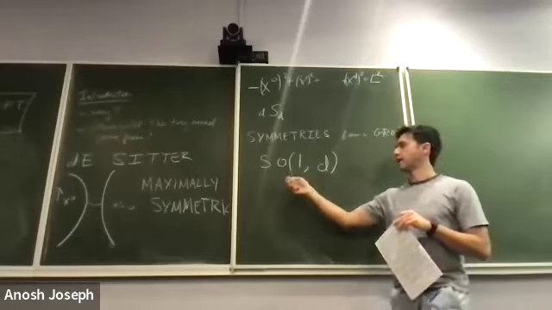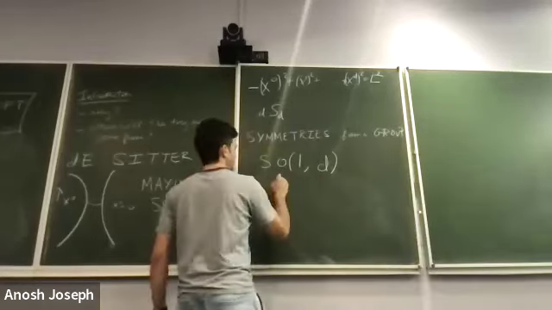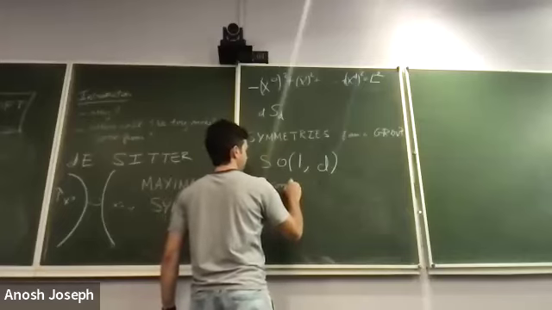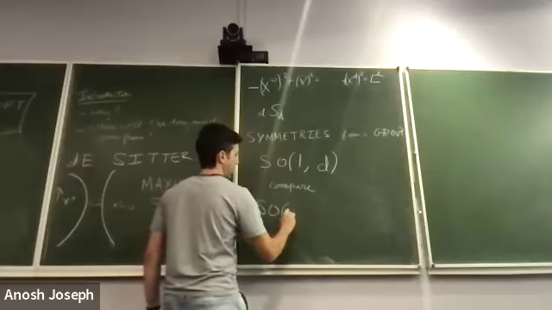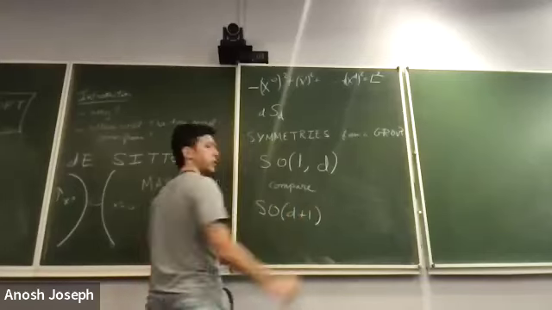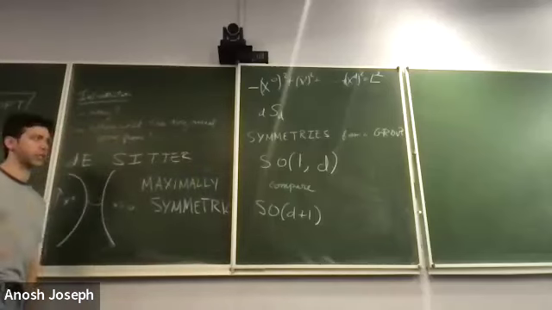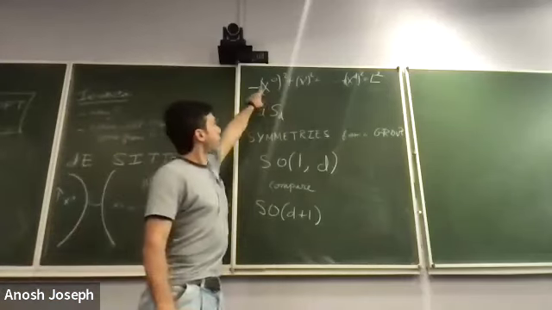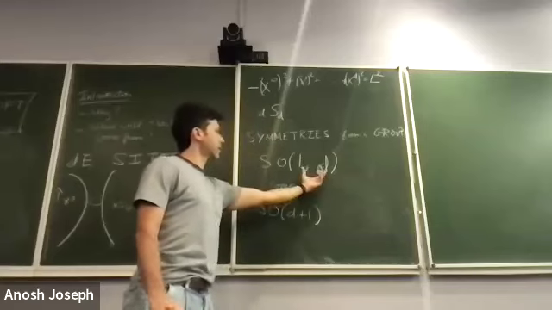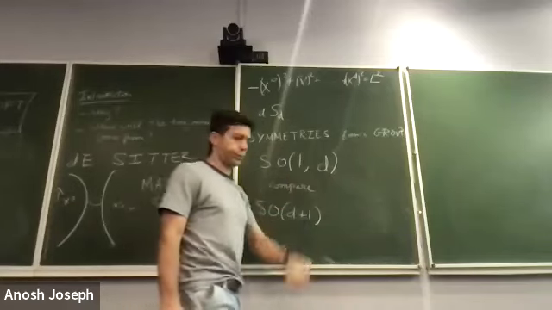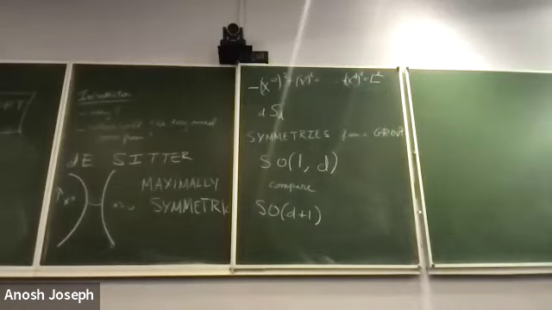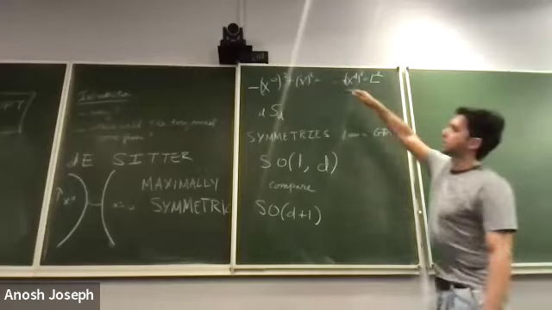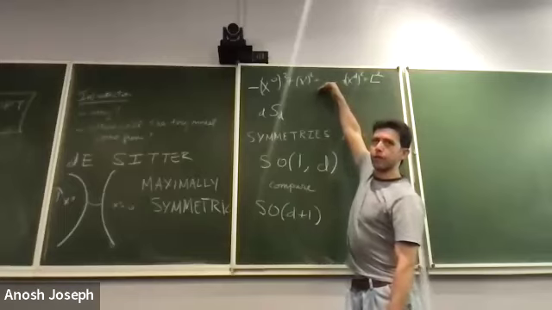You should think of this in analogy with the sphere geometry. The D-sphere has symmetries from the group SO(D+1). So the fact that you just have one Lorentzian direction means that you should think of it as SO(1,D), the Lorentz group in D+1 dimensions, because this is a constraint in a D+1 dimensional Minkowski space.